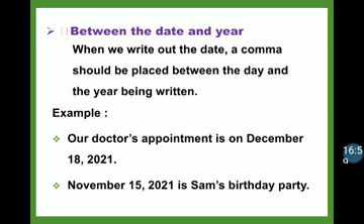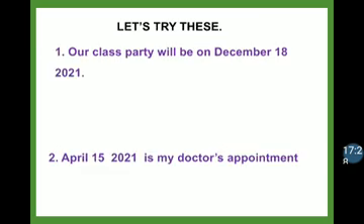Example number 2. November 15, 2021 is Sam's birthday party. So we know that on the 15th day of November 2021, we can attend this birthday party. So, let's try these 2 examples.